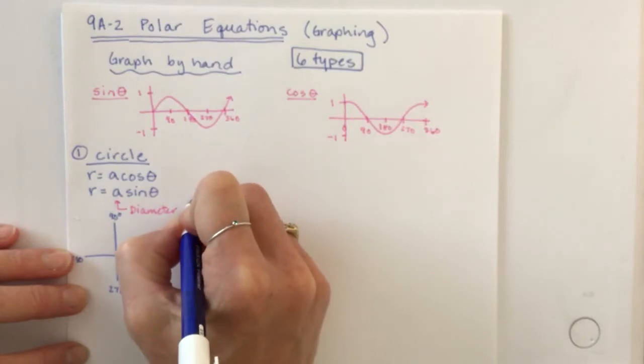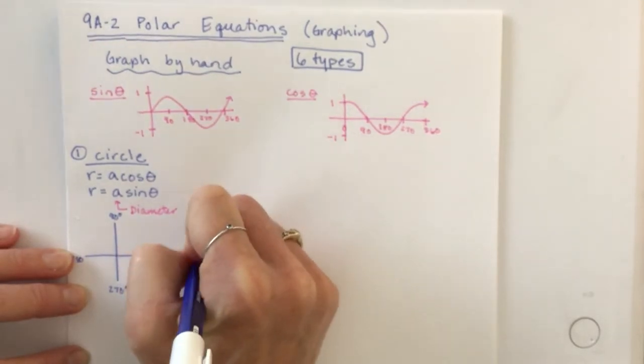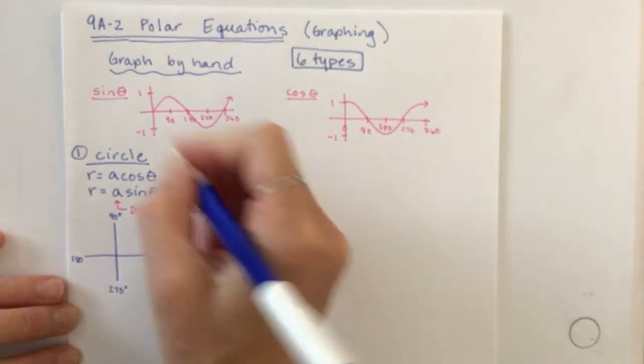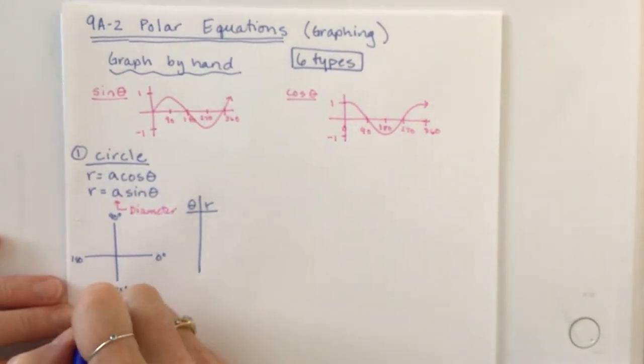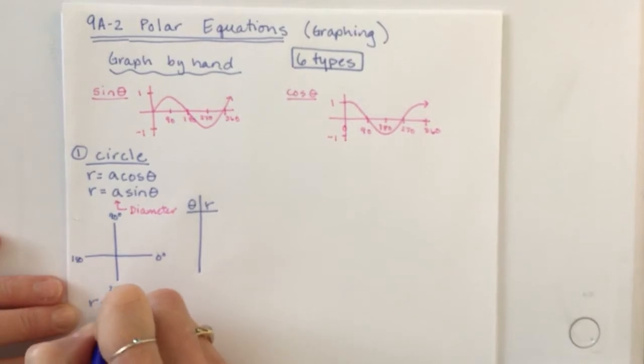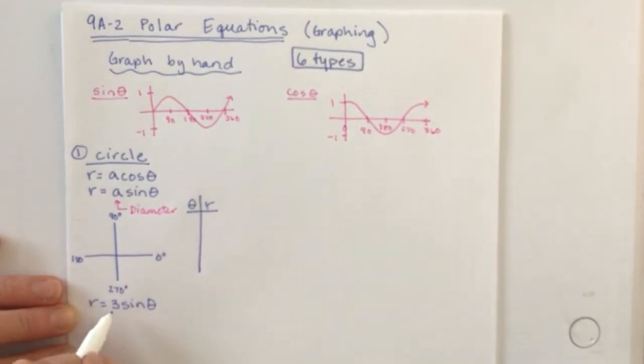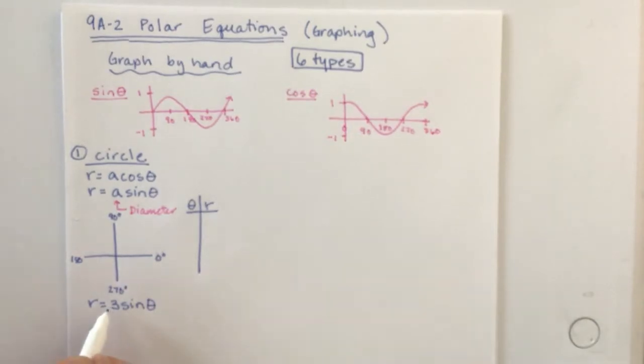Okay, so theta and R. And the graph we're going to do is r equals 3 sine theta. So you can imagine that 3 is going to be our diameter, and I'll show you why that is.